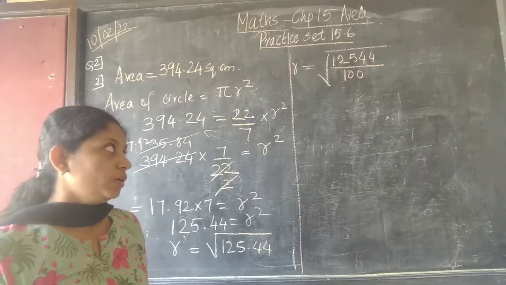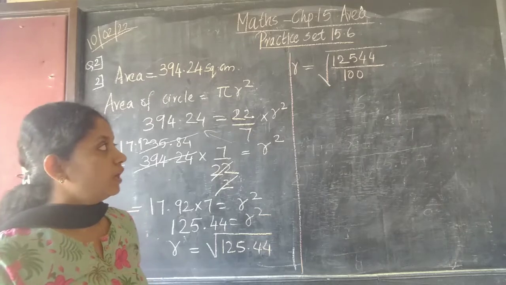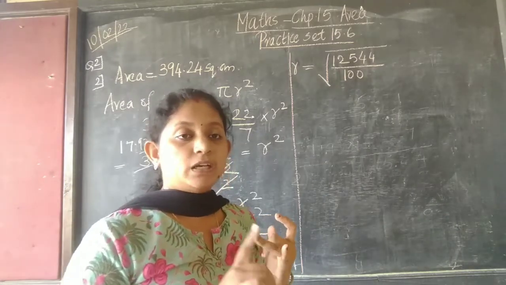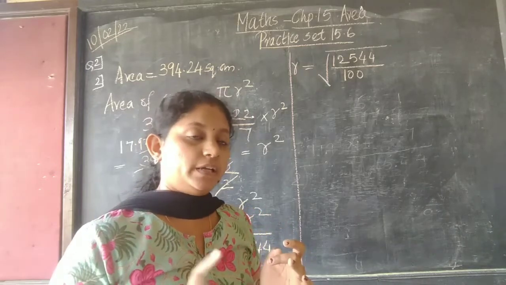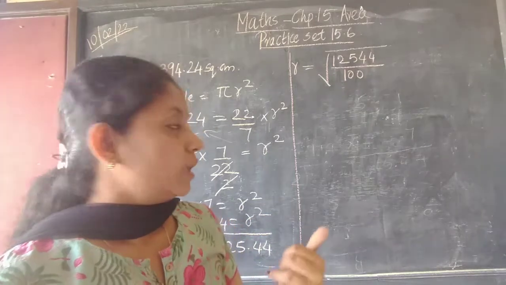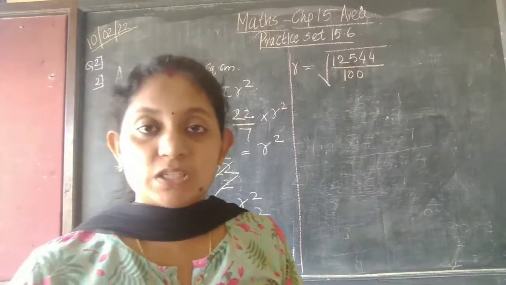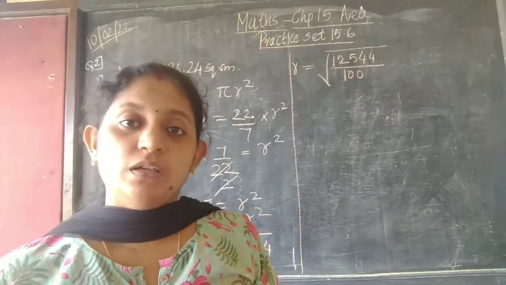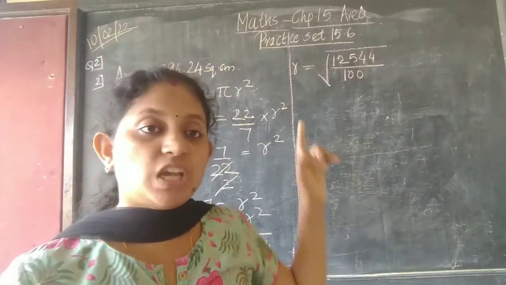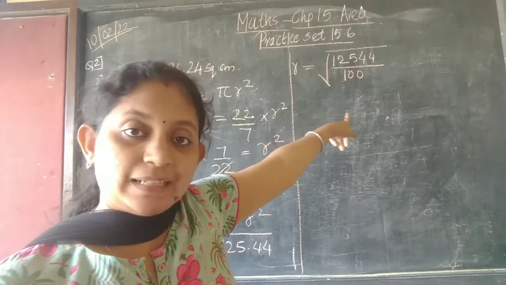Now, do you all know the square root of 12,544? It's not possible, correct? Now, what you can do here? From numbers 10, 20, 30, 40 till 100, okay? The square root is easy to find out. Yes or no? 10 square, 100. 20 square, 400. 30 square, 900. So goes on. Till 100 also if we check, we are not going to reach till 12,000.